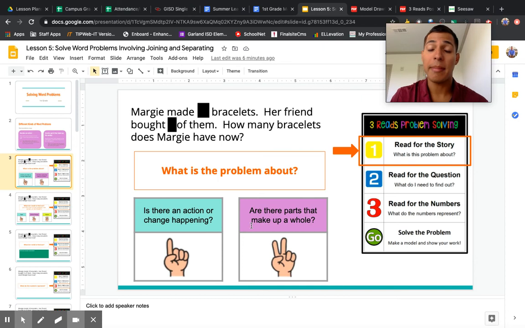Are there parts that make up a whole? Which one do we think it is? I think for this one, it's actually one, right? We should all hold up one finger. One, right? So there's an action or a change happening. There's a change. Okay. Well, let's see.